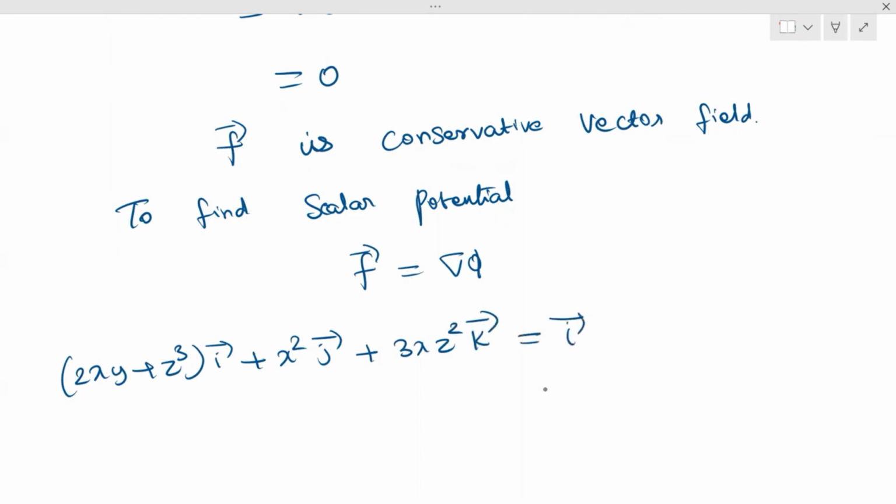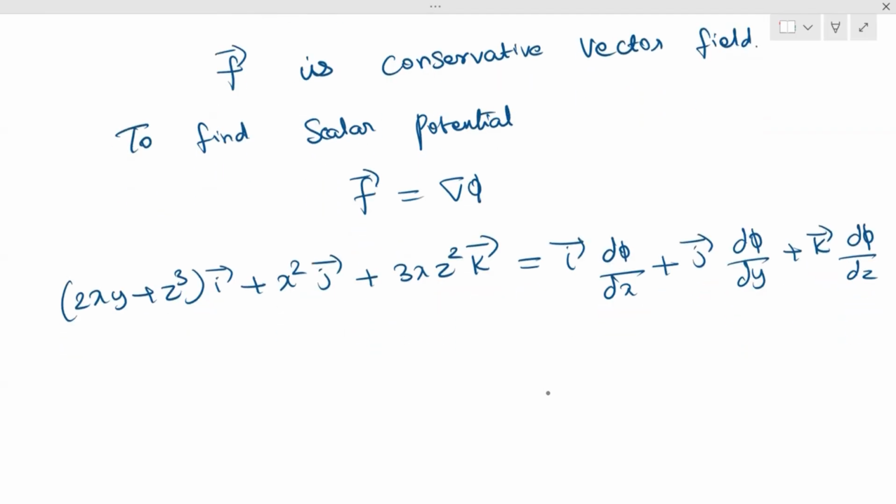Del phi is nothing but grad phi, that is i vector into dou phi by dou x plus j vector into dou phi by dou y plus k vector into dou phi by dou z. Now you equate the like components.